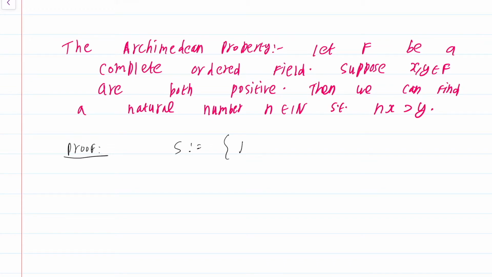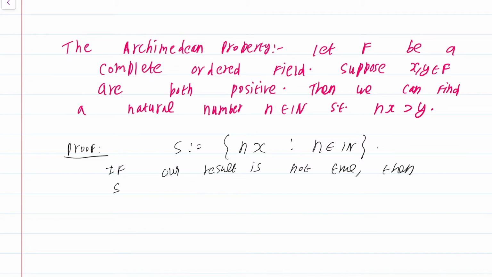What you do is you consider the set S of nx such that n is coming from the natural numbers. Look at all the multiples of x by natural numbers. If our result is not true, then the set S is bounded above, right?